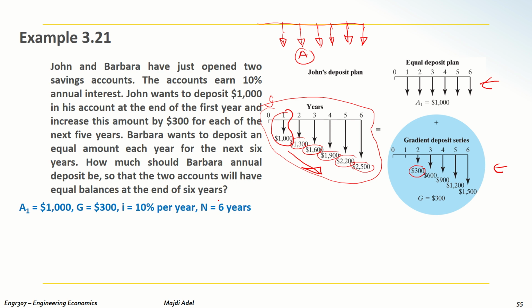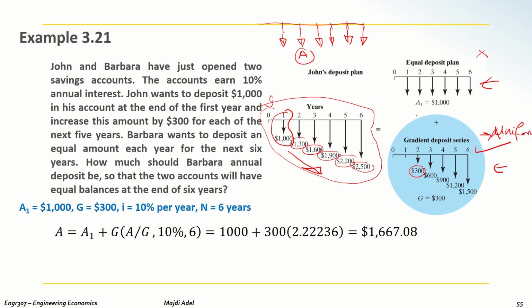So we need to convert this cash flow to a uniform. The uniform part will not change. It's already uniform cash flow. So A equals A1, $1,000. Calculate A given G at 10% and 6 years.